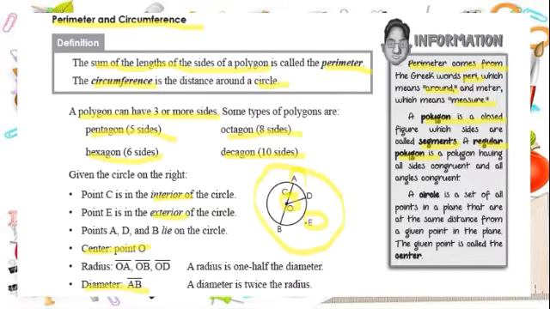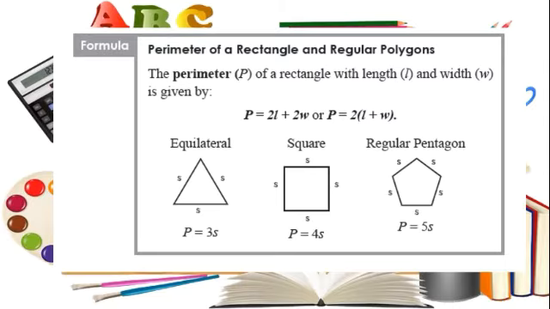Very good. So let us have the formula of getting the perimeter of a rectangle and regular polygons. Unsaon man pagkuha sa perimeter ani nila?